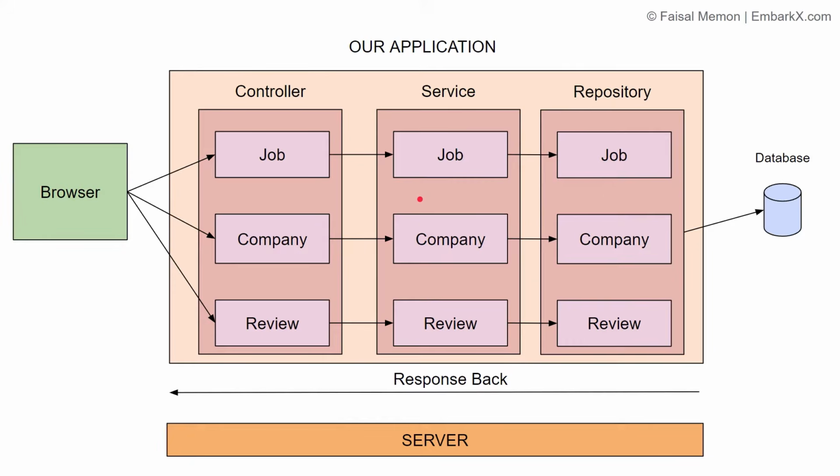And service is going to make use of repository, and repository in turn will get the data from the database. So we are going to have a database as well that will be configured with this application. Now once the request hits database and it's processed by repository, we get a response back that you can see over here. And response is given back to the client or the user who is accessing our service right from the browser or from an app like Postman.